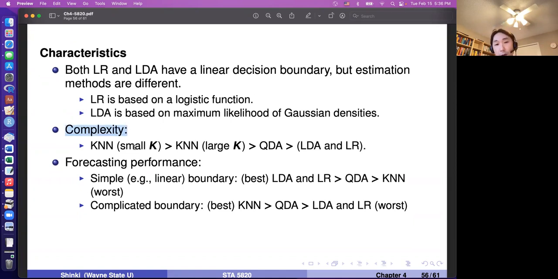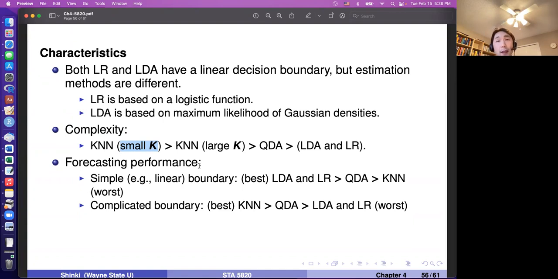In terms of complexity, KNN is the most complicated because it's not based on a specific model, but is a more data-oriented method. KNN is based on the K nearest points from each point. If K is small, of course the rule is more complicated.